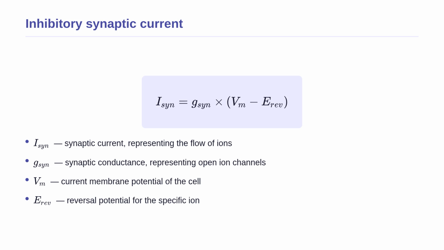The symbol G syn is the synaptic conductance, representing how many ion channels are open. Vm is the current membrane potential, and E-rev is the reversal potential for the specific ion, like chloride. The difference between Vm and E-rev is the driving force. If the membrane potential becomes less negative than the chloride reversal potential, the driving force increases, causing more negative chloride ions to rush in and hyperpolarize the cell.